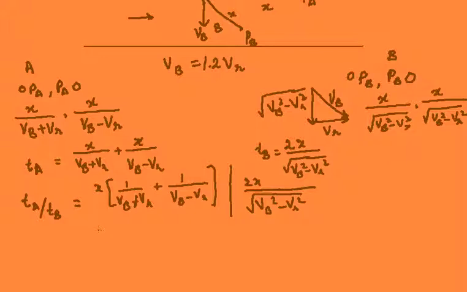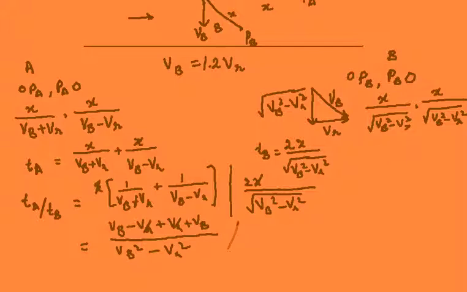So this is the equation which I set up. Technically speaking, my work ends here after setting up of this equation. I can either do it by substituting Vb equal to 1.2 Vr or without substitution. Without substitution would be a bit easier, so let's take that approach. Since x is in both the numerator and denominator, the x's get cancelled. Solving the numerator by cross multiplication, it's Vb minus Vr plus Vr plus Vb, so Vr gets cancelled out, divided by Vb square minus Vr square.